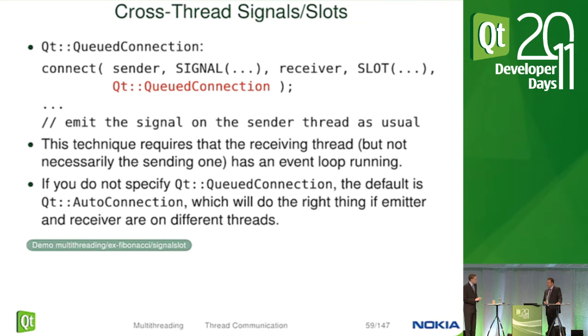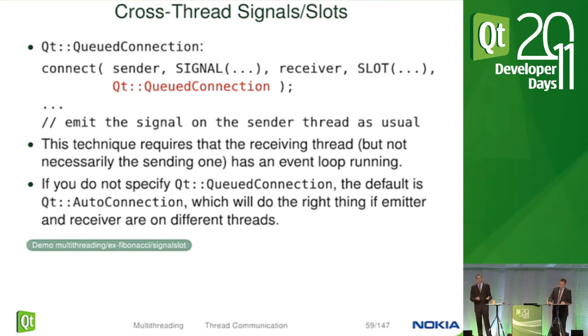The API you might have seen already, that's the 5th argument to the connect statement, which allows you to specify the connection type. Usually in a single-threaded scenario, you have a direct connection. So if you emit a signal, that's like a direct method call to the receiving slot, right?